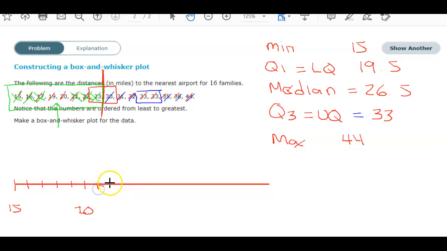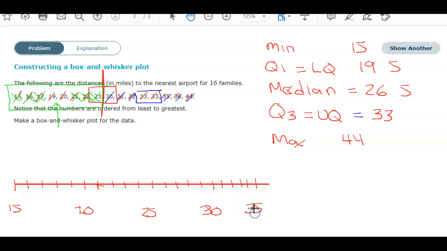We'll do 21, 22, 23, 24, and 25. We'll do 26, 27, 28, 29, and 30. 31, 32, 33, 34, 35.